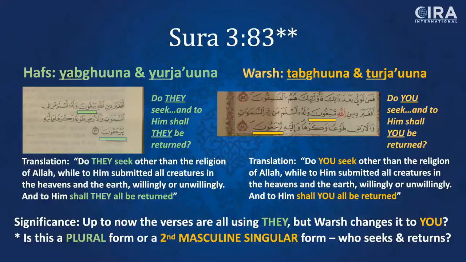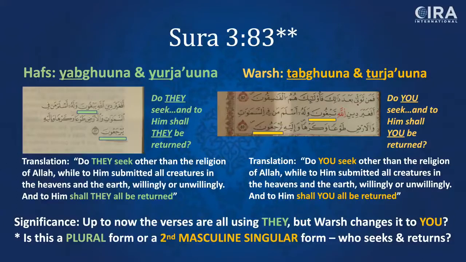So Hafs is probably more correct in this. In the case of Warsh, it just suddenly changes to second person. So there is a disconnect between the verses that precede it in the Warsh context, and they shouldn't really have kept it to the Ya, the Yur Ja'una, rather than going to the Tur Ja'una. Yeah, and because Hafs is giving us a report about a different group of people, where Warsh is giving us a report about the people right here, right this moment.